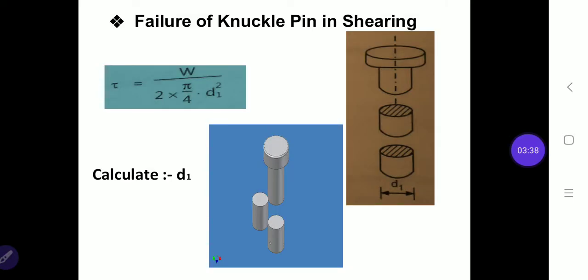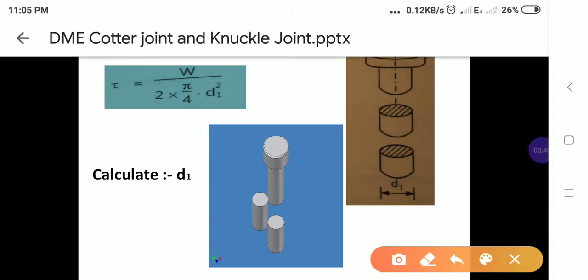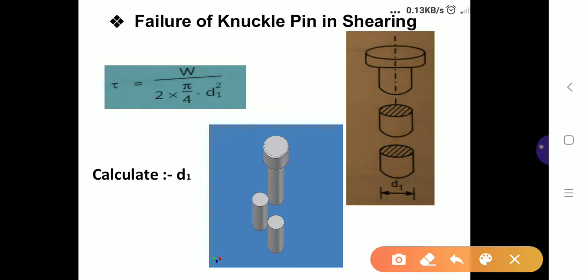Now the second step is failure of knuckle pin under shearing. These are the 3D views of failure of knuckle pin under shearing. When transverse load acts on this knuckle pin, it may fail under shearing. So these are the areas of failure under shearing.